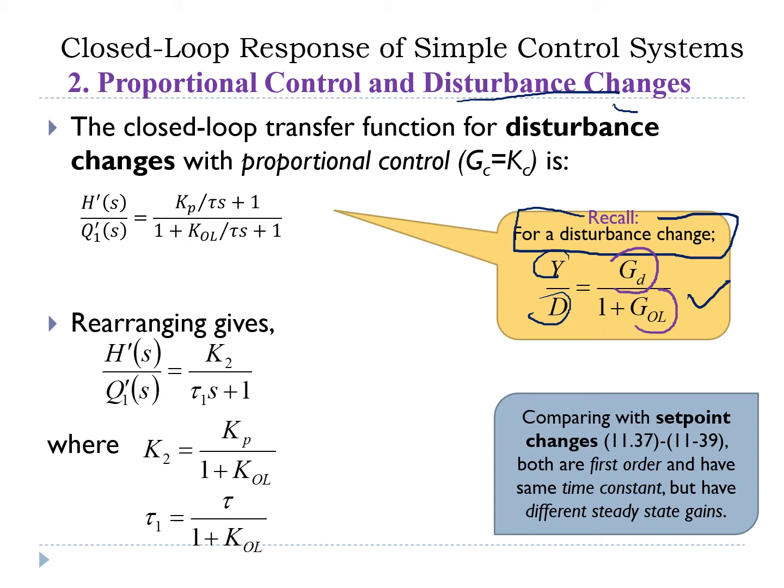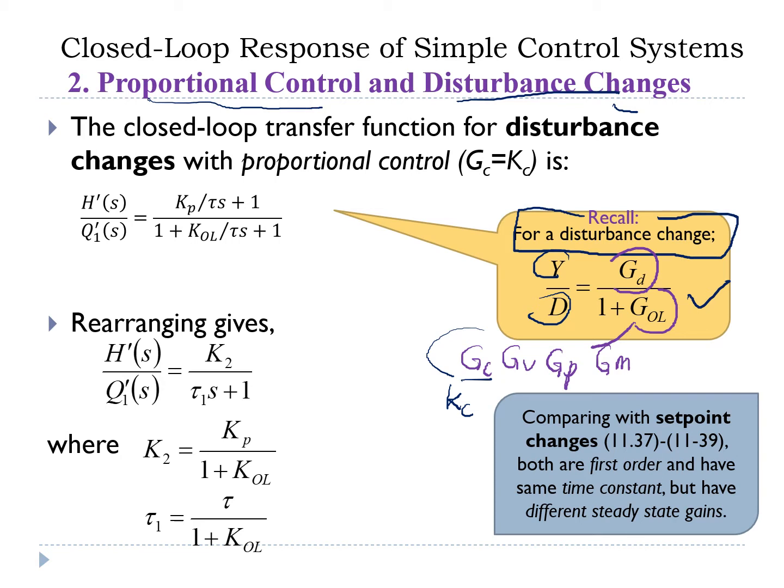We know that GOL is GC, GV, GP, and GM. Only a proportional controller is used, so your GC equals KC. This is from chapter 8: GC equals KC if you only use proportional control.